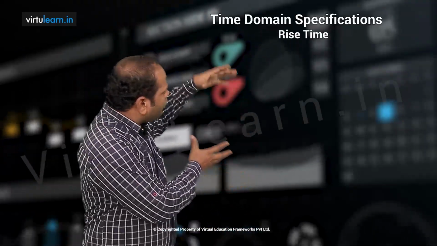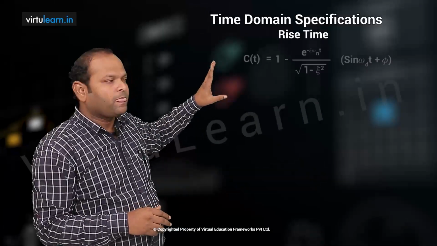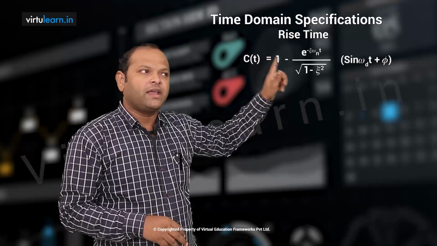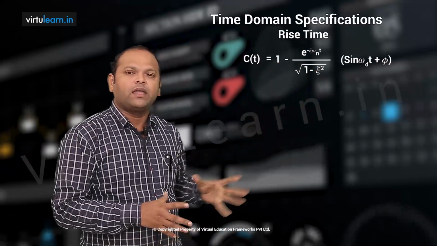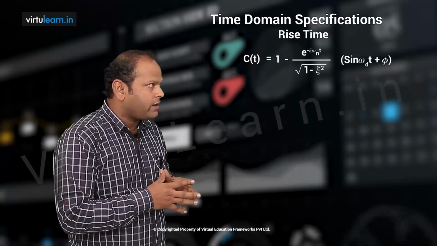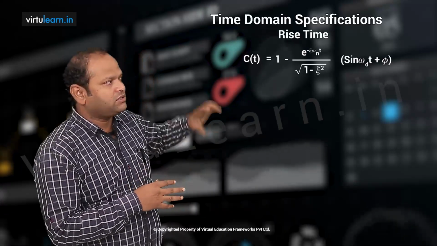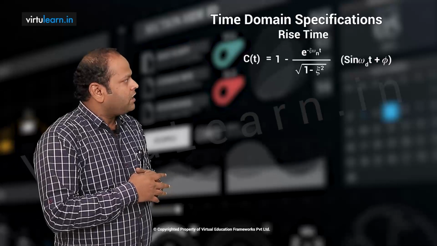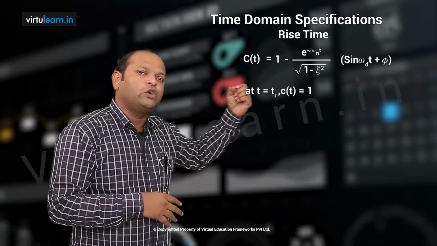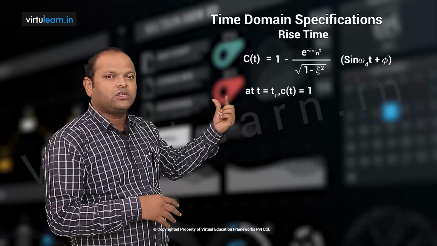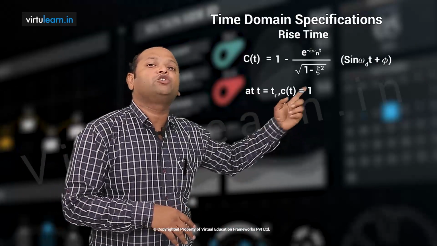I already know the C of t expression. C of t is equal to 1 minus e power minus zeta omega n t by under root 1 minus zeta square, and sine omega d t plus phi. Now at time t equal to tr, where tr is the rise time, my C of t value should be 1.